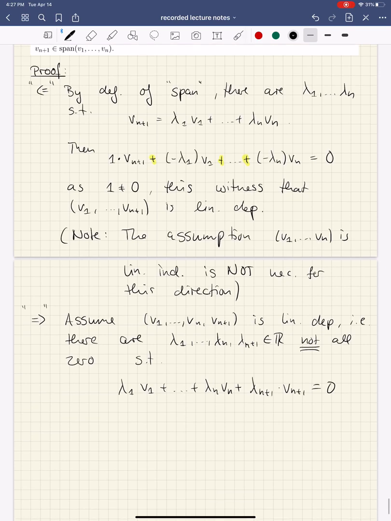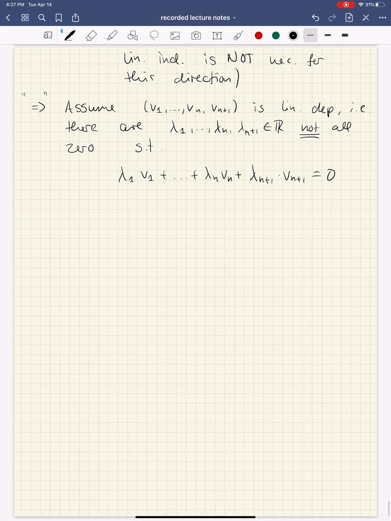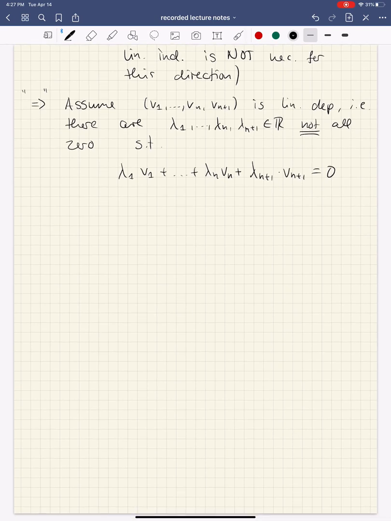I'm going to scroll all the way up, so we're on the second part here. So what would be the idea? What I want to do is put this on the right-hand side and express v_{n+1} as a linear combination of the ones before.